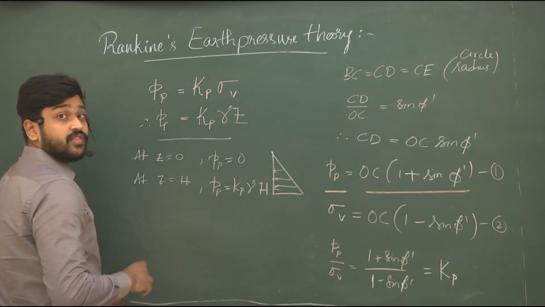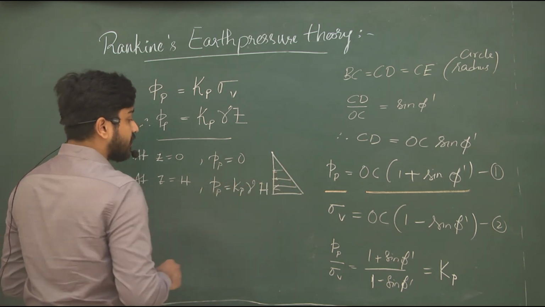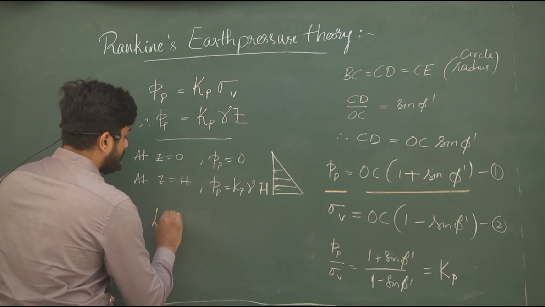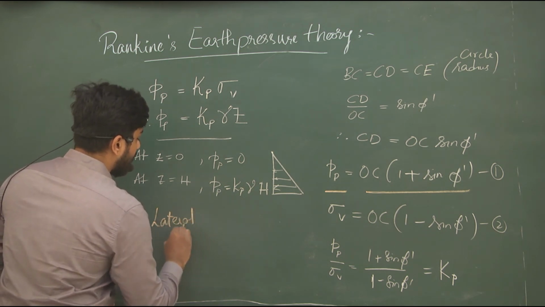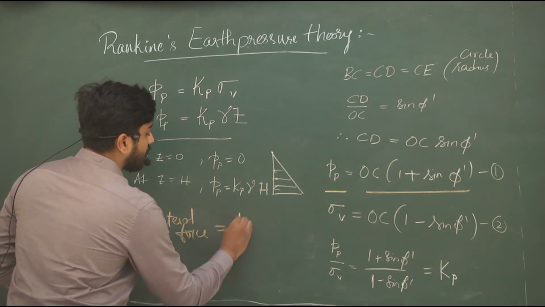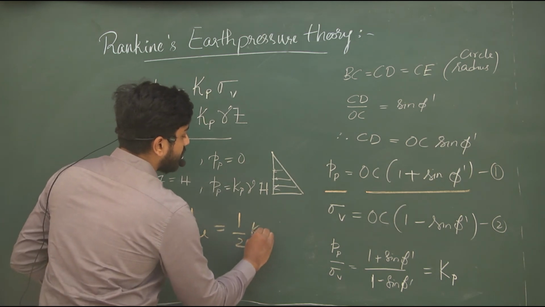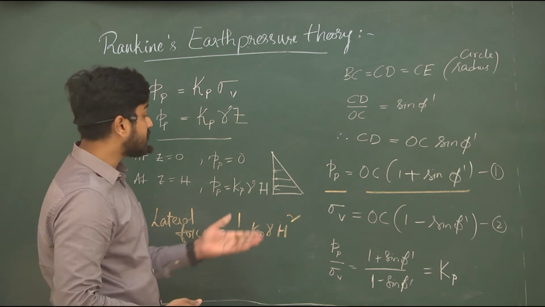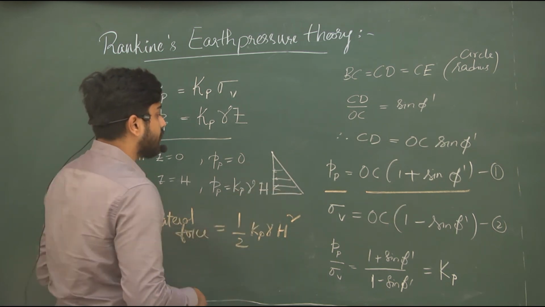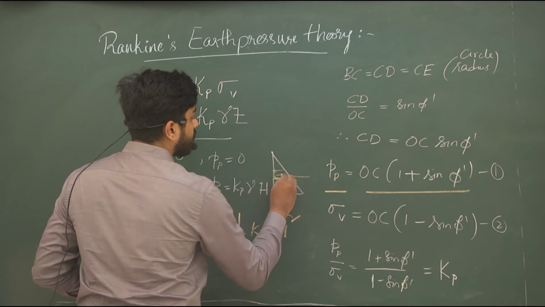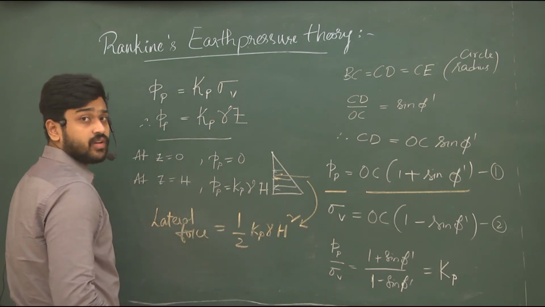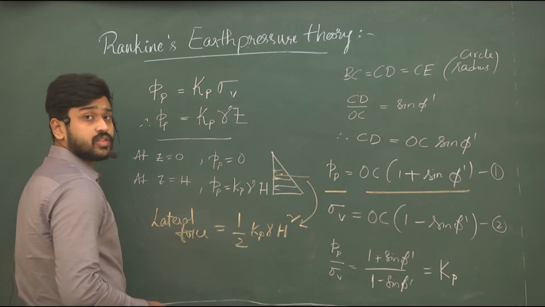So if we have to consider the lateral force, the lateral force will be half Kp gamma H square, which is acting at a distance of H by 3 from the base. Okay, H by 3 from the base. So this is my pressure. Okay, so this is my lateral force.